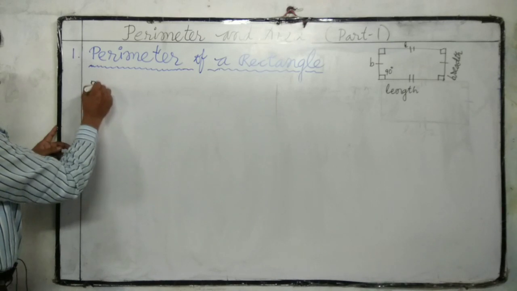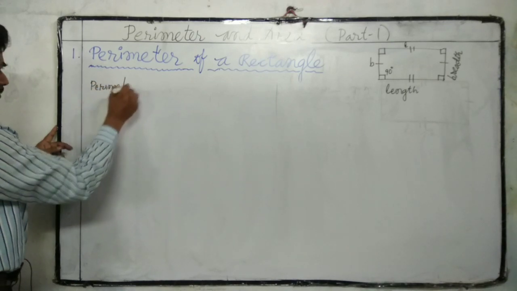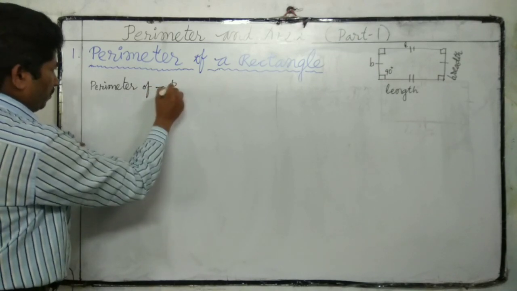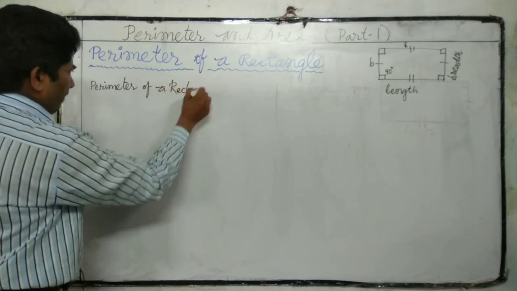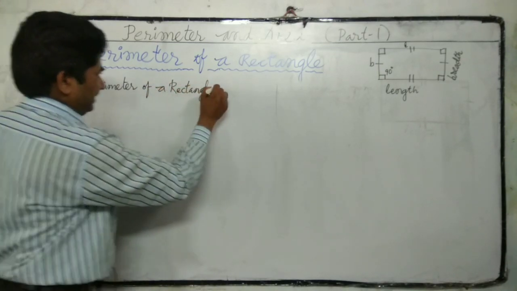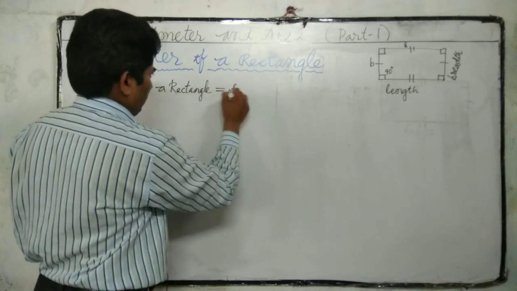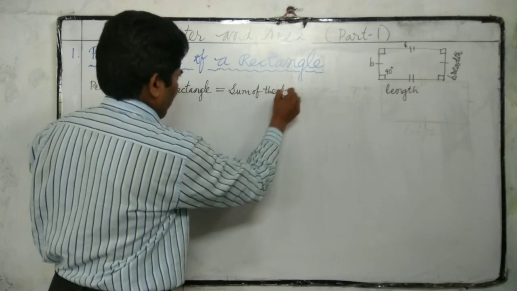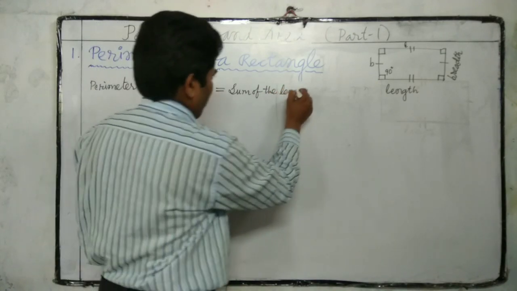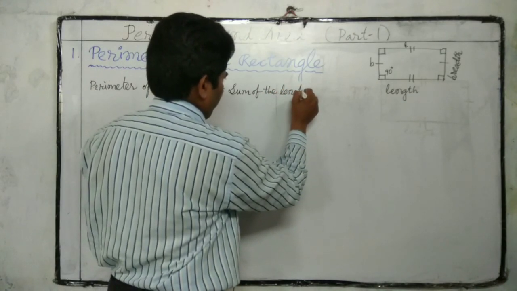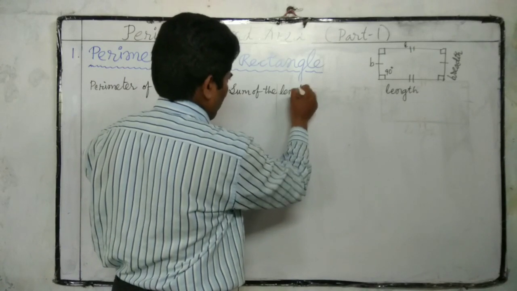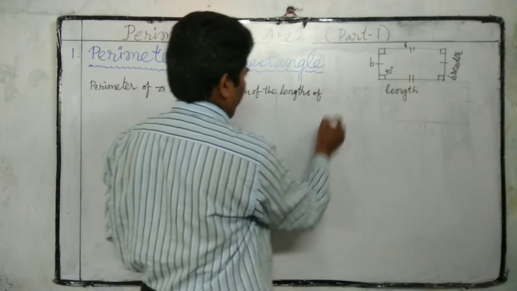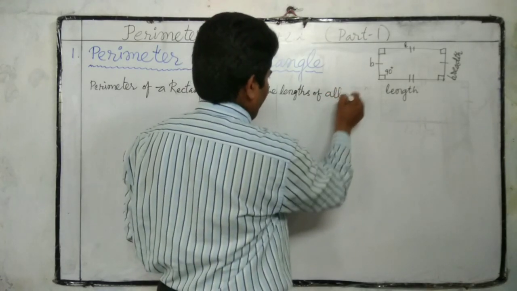Perimeter of a rectangle is equal to the sum of the lengths of all its sides.